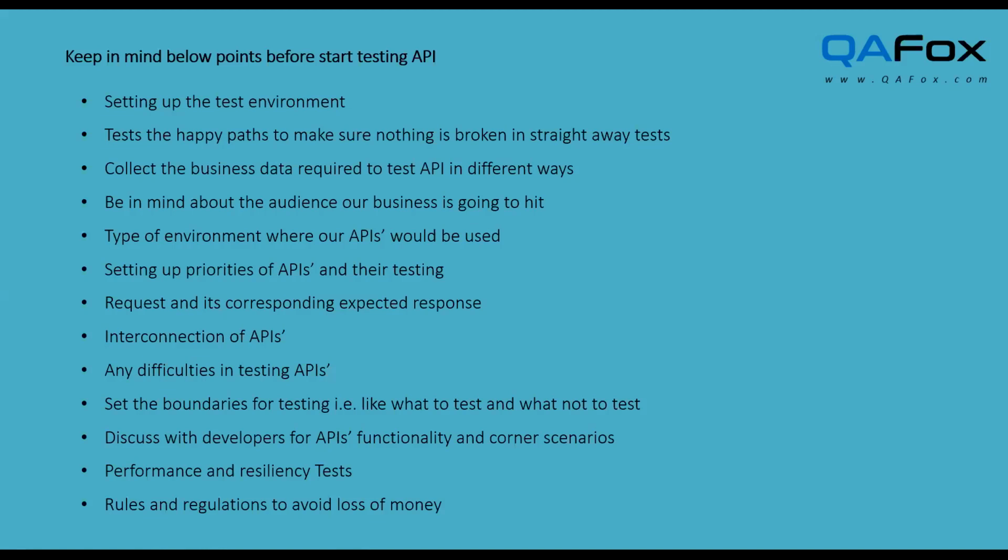Next is to test the happy paths to make sure nothing is broken straight away. Yes, which is obvious when you are going to start testing your APIs. Suppose there is a service which provides a collection of the books available in your online store website.